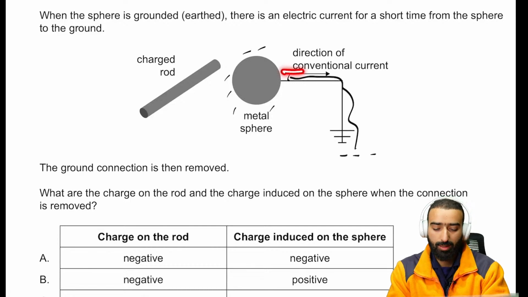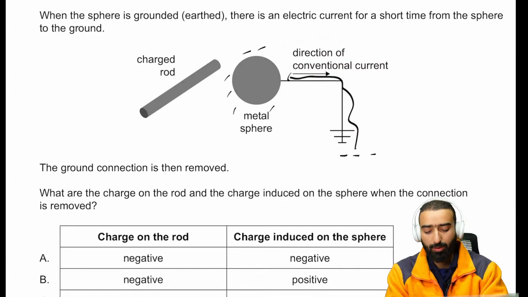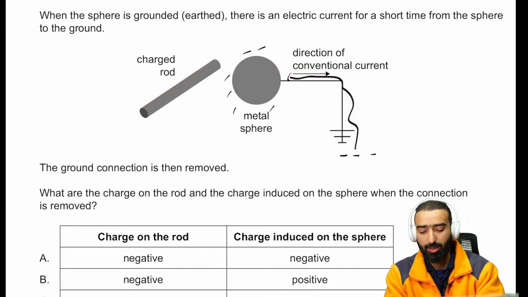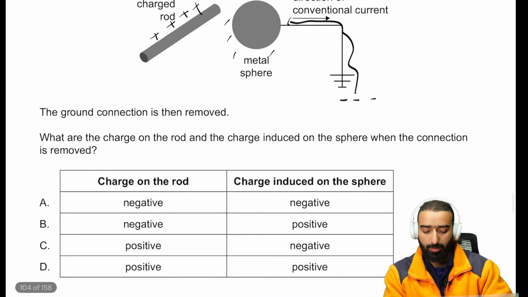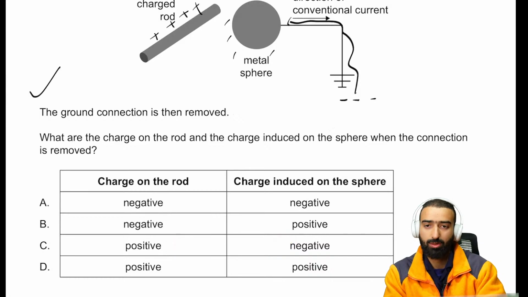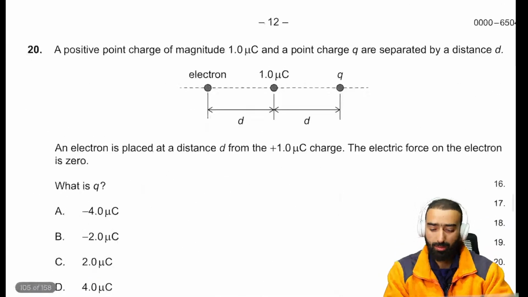So it's said that the current flows this way, meaning that electrons are flowing the opposite way. So what kind of charge should have been here to attract electrons? These must have been positive. So the correct option is a positive charge on the rod and negative charge on the sphere. So that solves this. Let's carry on.